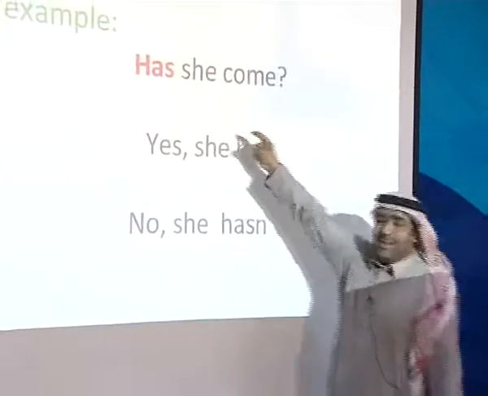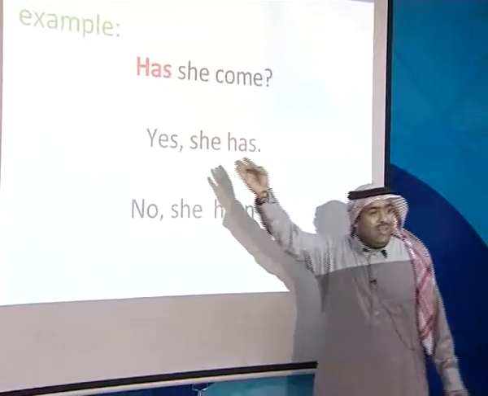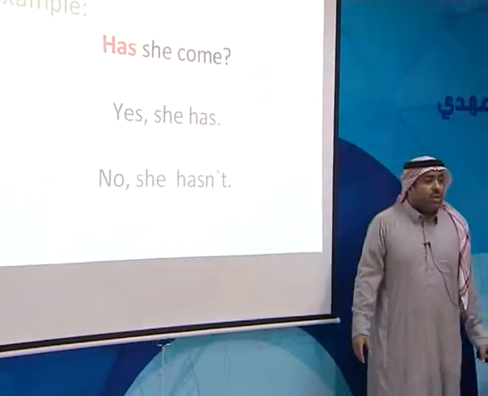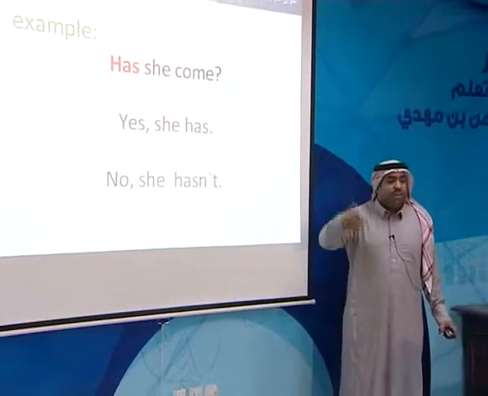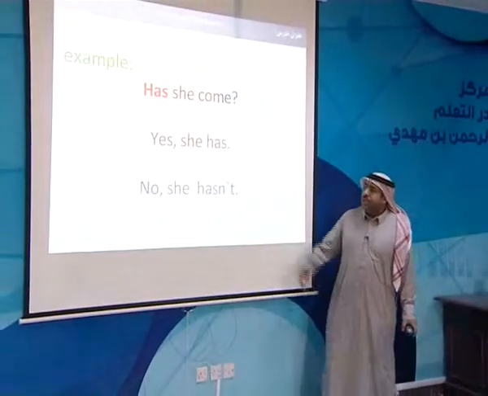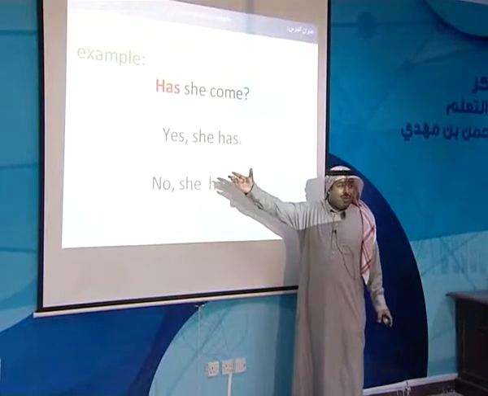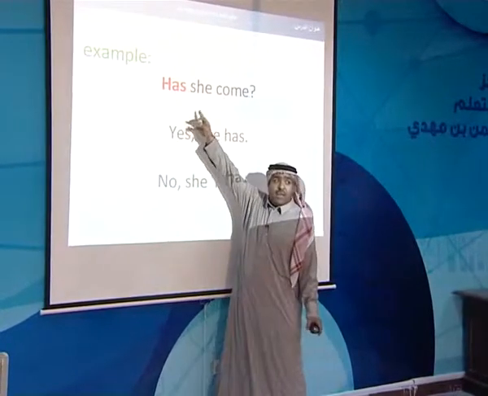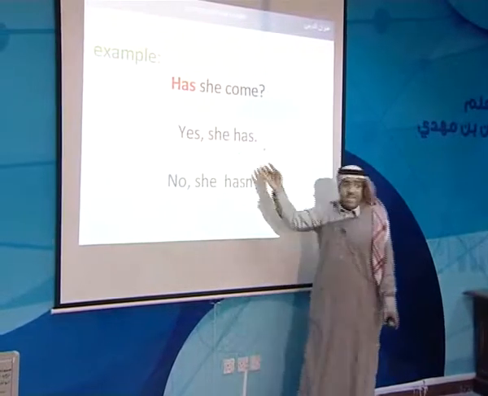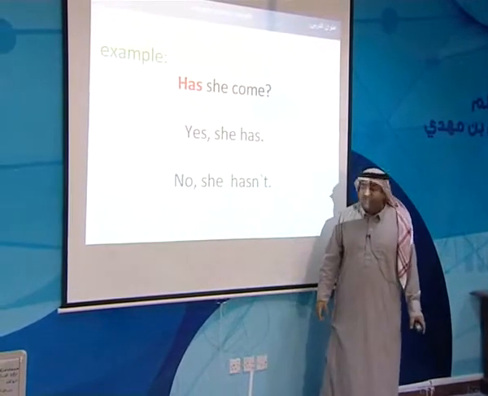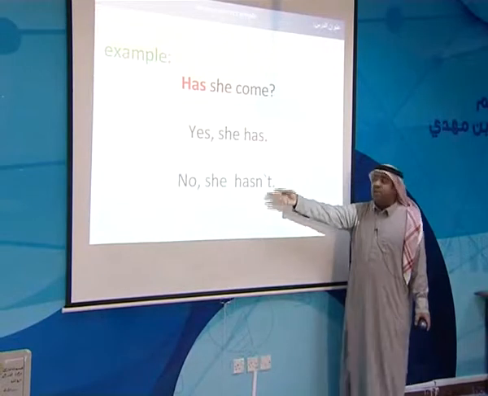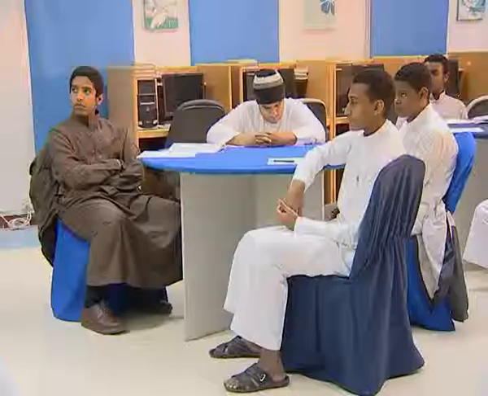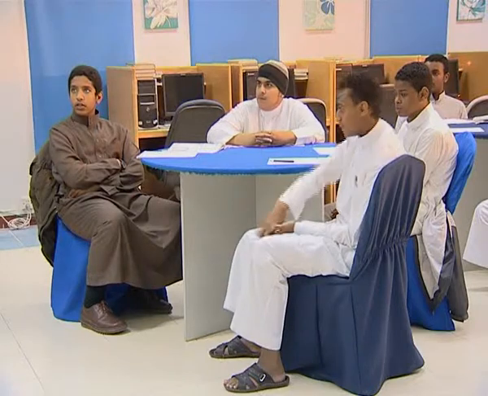Because of she. Has she. And come is the past participle of the verb come. Come, came, come. Good. The answers? Yes, she has. Negative? No, she hasn't. Also taken from that question. Okay, guys. Any question? No.